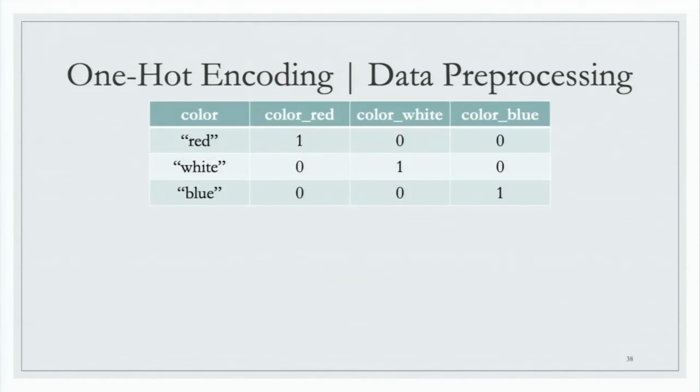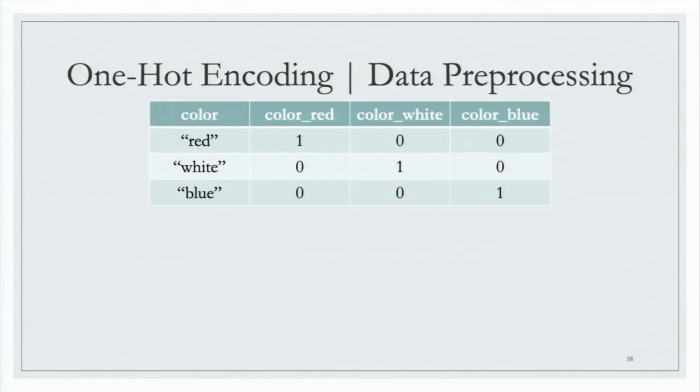So we're going to take our original color, could have been red, white, or blue. So yeah, now we're going to have a color red, a color white, or color blue. That was a great lead-in. Thank you. So anytime it was a red, we're going to have color red be 1 and the other ones be 0. If it was color white, then white is 1 and the others are 0.